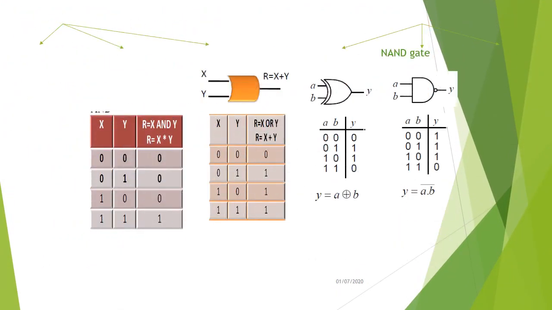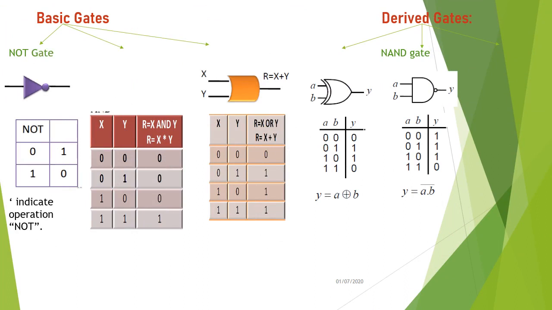The NOT gate has the function y equal to x complement, written with a comma sign as a power or a tilde. The NOT gate has the symbol of a triangle, with a bubble indicated in front of it.